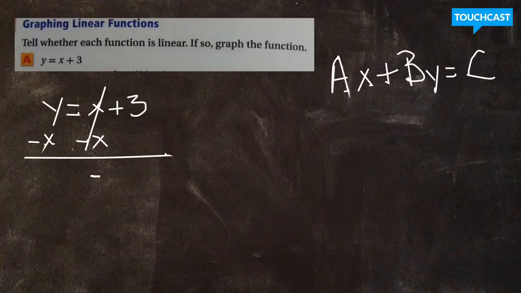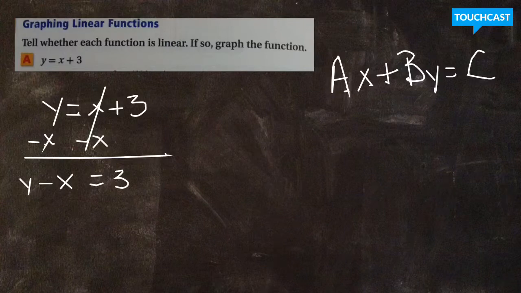We'll be left with 3 on the right side, and we'll have y minus x on the left side. Now for this to be in standard form, the x term needs to come first. So we can use the commutative property to switch the x and the y, but that minus in front of x needs to go with the x. So we'll end up with negative x plus y, because y is positive, is equal to 3.